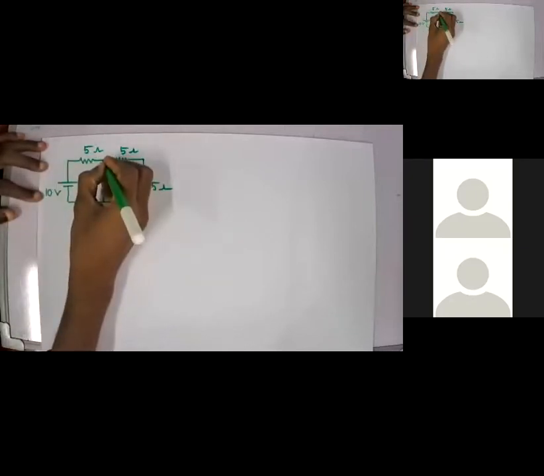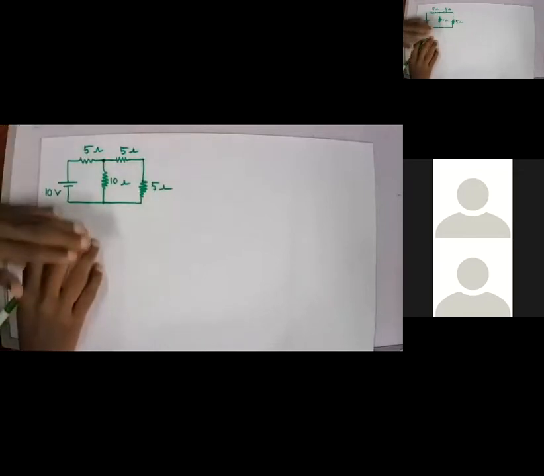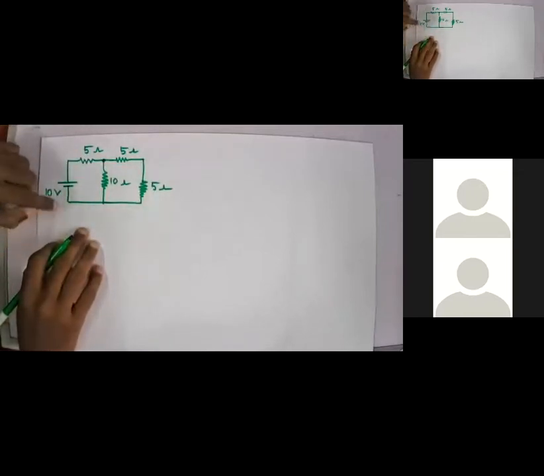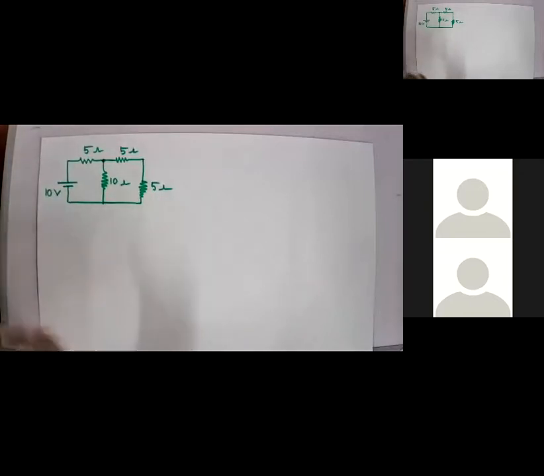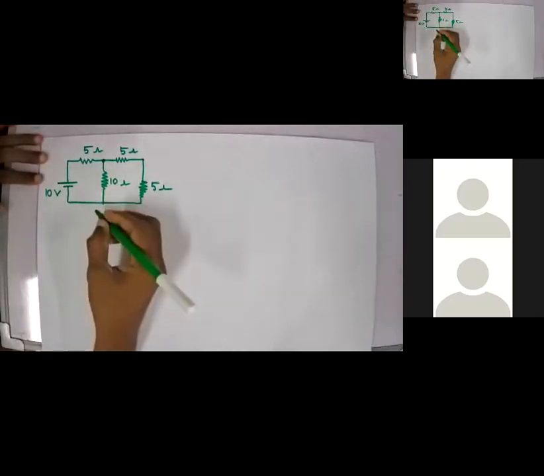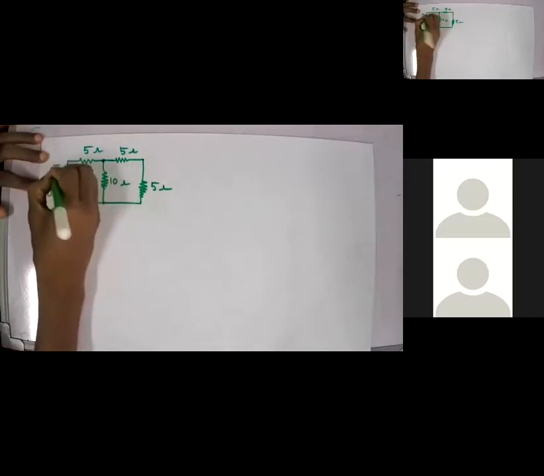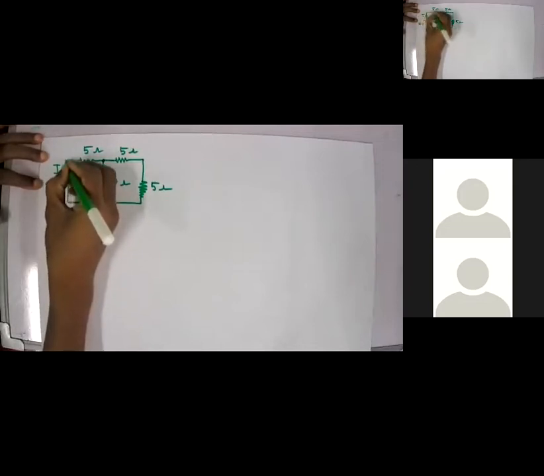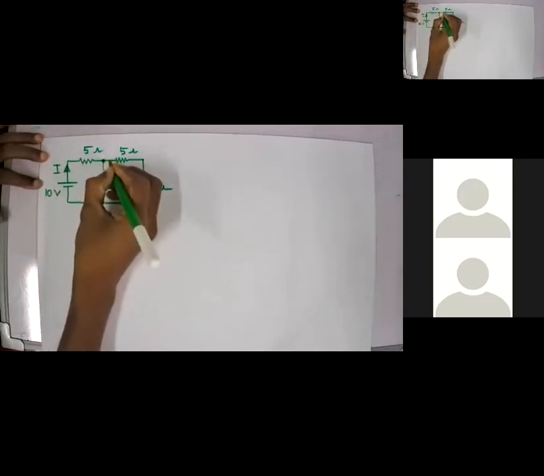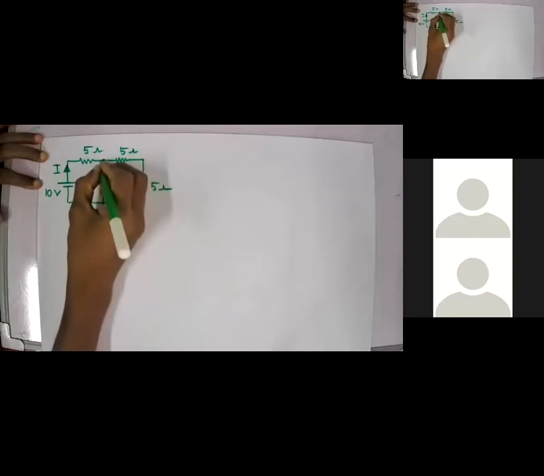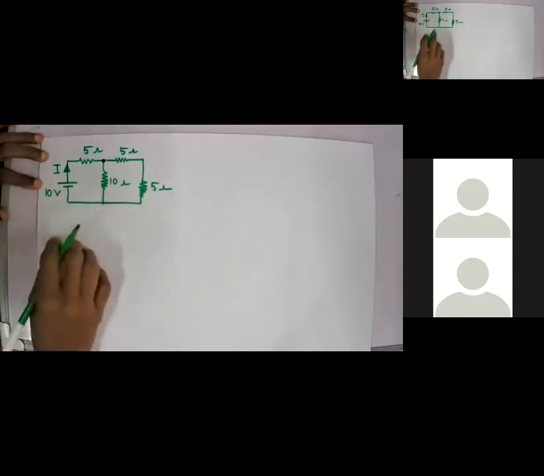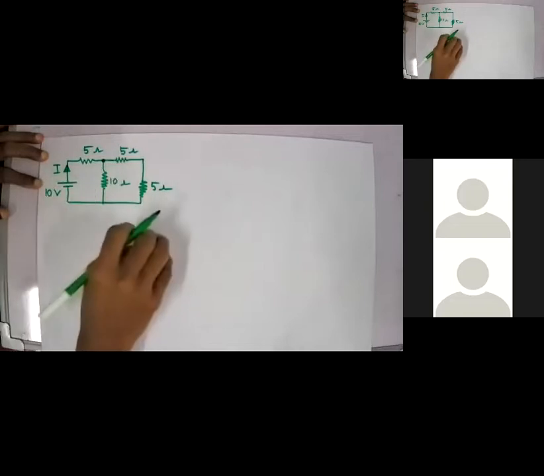So you can apply both Kirchhoff's current law and Kirchhoff's voltage law to solve this one, right? First we'll see this one and then we'll go deep into the other theorems. Okay. If the current is I, I'll mark the current as I, and then at this node the current is going to divide along these two branches.